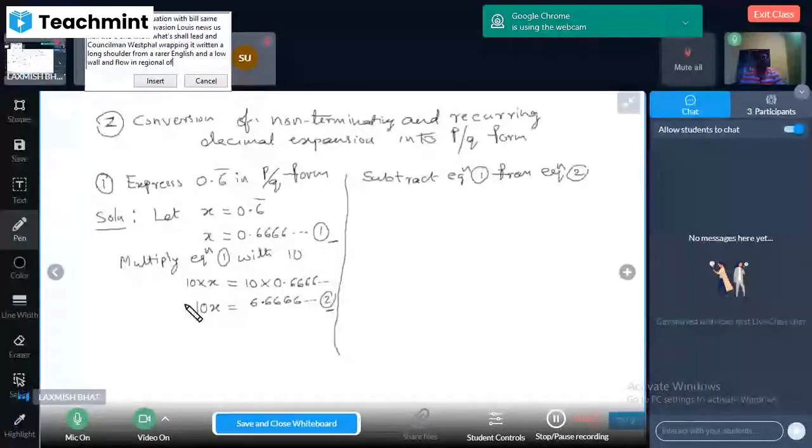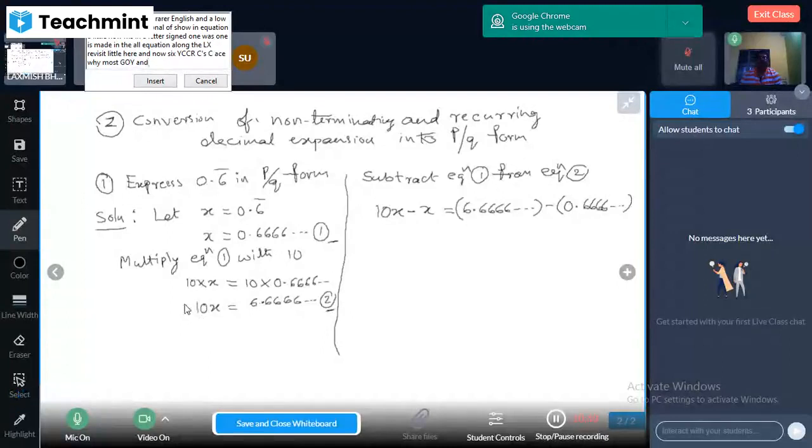In equation number 2 we have 10x on the left side, minus what is there in equation number 1, we have x, which is equal to, here we have 6.6666 minus 0.6666 and so on. So the decimal numbers are cancelling here, so only one x is left here.